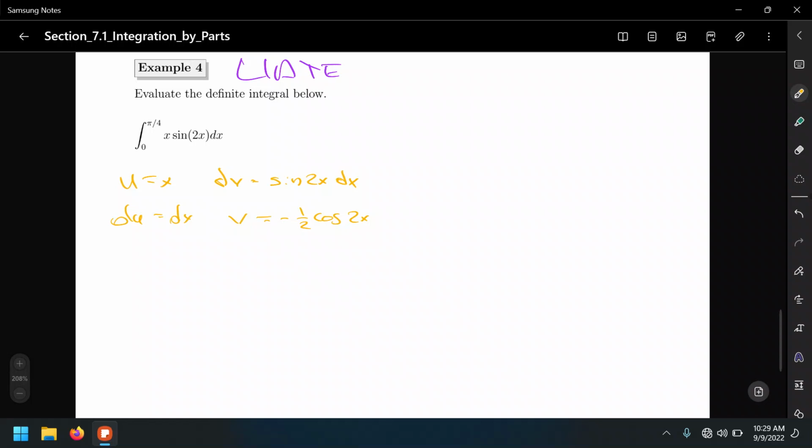So we're ready to go back to the integral. And well, that's u times v, that's x times negative 1/2 cos 2x, minus the integral of v, which is negative 1/2 cos 2x, du, which is dx.